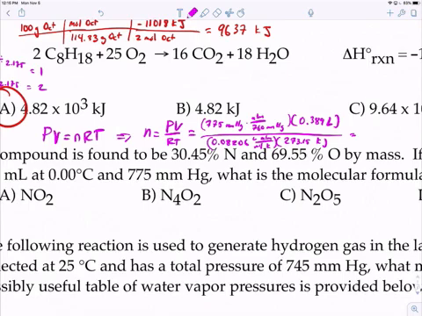755 divided by 760 times 389, divided by 0.08206, divided by 273.15, and our n is 0.0177 moles.